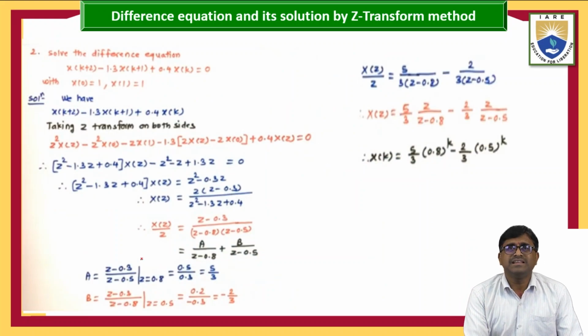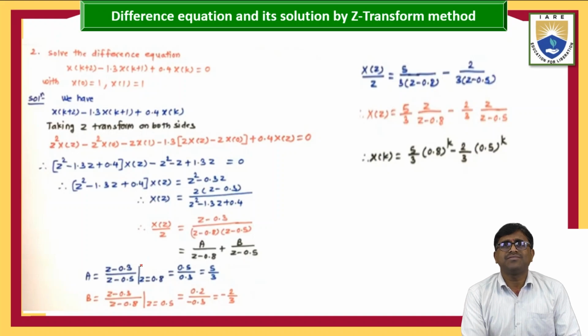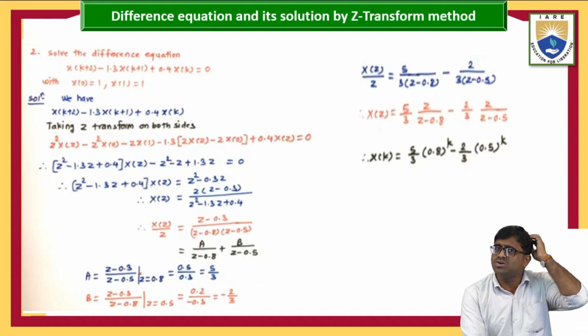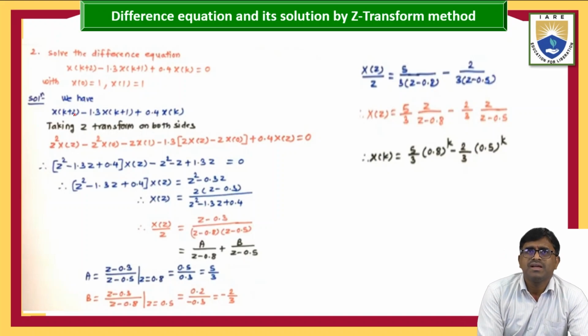Here the given is x of k plus 2 equal to minus 1.3 x of k plus 1 minus 0.4 x of k equal to 0, with x of 0 equal to 1 and x of 1 equal to 1 given. Again the same process: first write down the given function, x of k plus 2 plus 1.3 x of k plus 1 plus 0.4 into x of k.